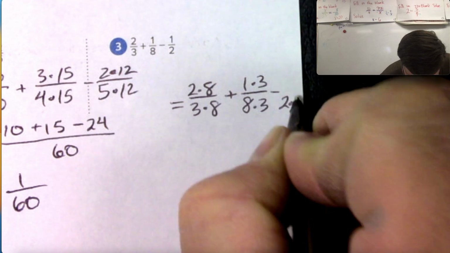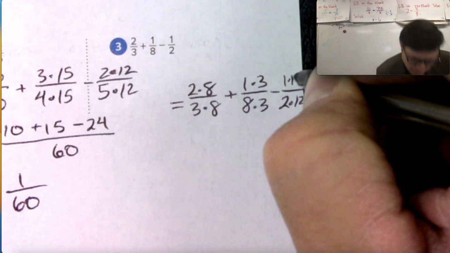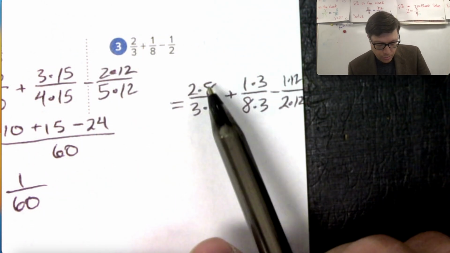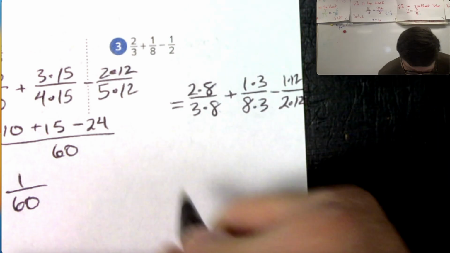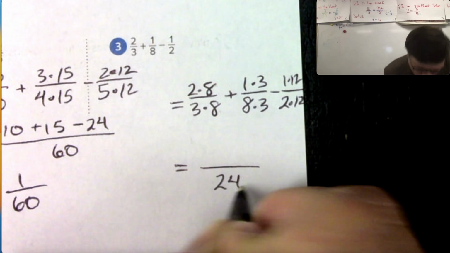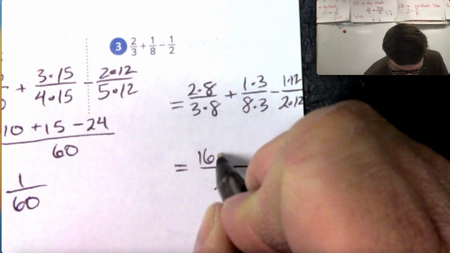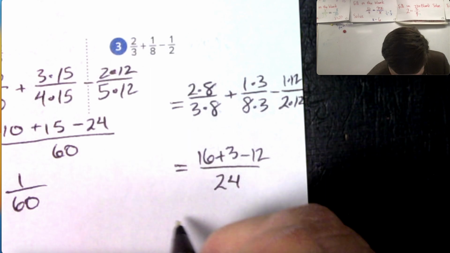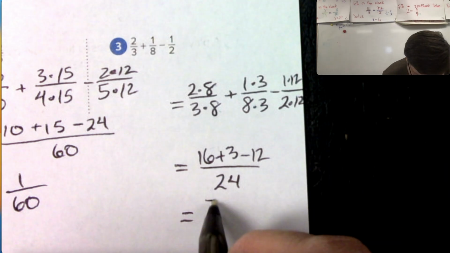I need to turn a 2 into a 24, and I ran off the edge of the paper, but 2 times 12 makes 24. So this is the scale up to make 24 our common denominator. Then 2 times 8 is 16. 1 times 3 is 3. Take away 1 times 12, so minus 12. 16 plus 3 is 19. 19 minus 12 is 7. So this reduces down to 7/24.